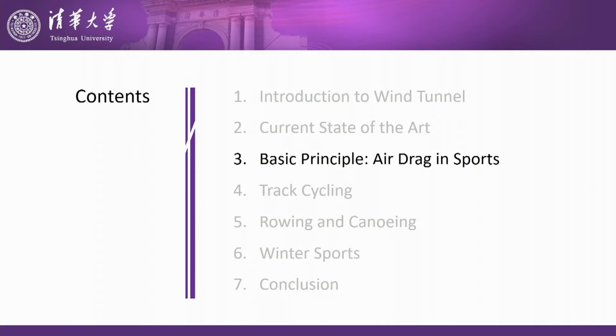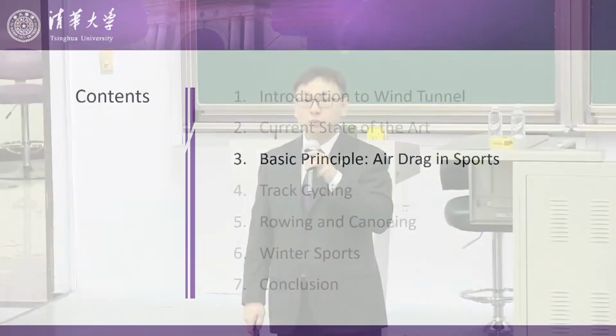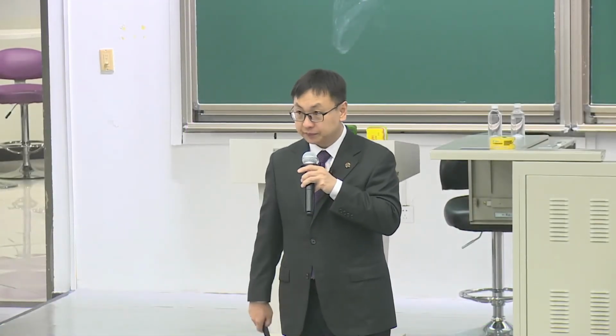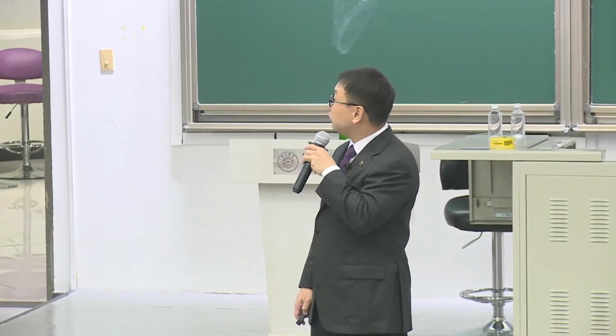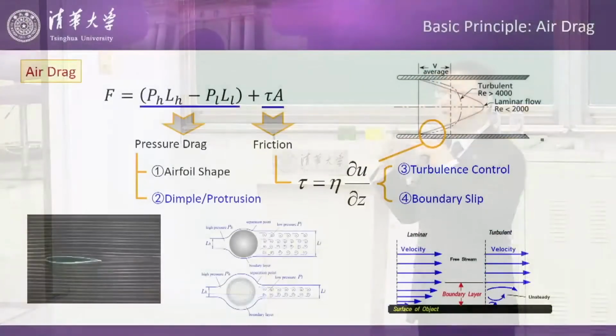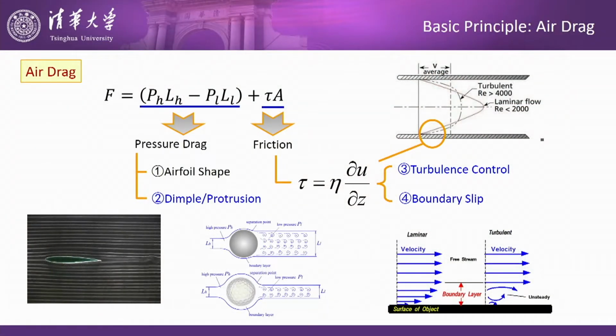Then we talk about air drag. Then we use the wind tunnel. Okay, air drag, especially in sports, can be separated into 2 parts. One is pressure drag, the second is friction drag. For the pressure drag, you can see the high pressure times high pressure area minus low pressure times low pressure area. So this is the origin of the pressure drag.